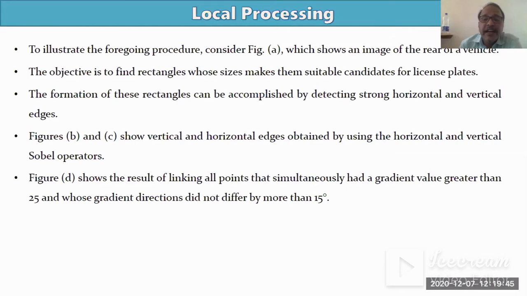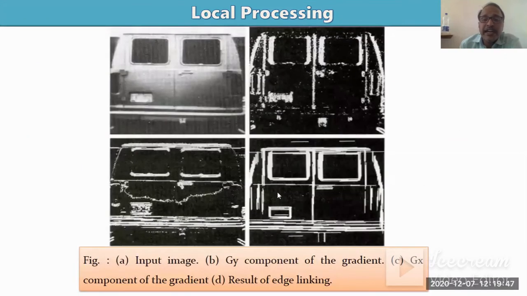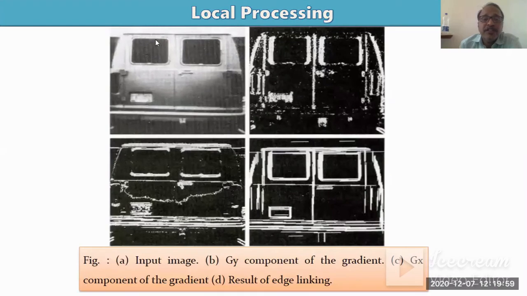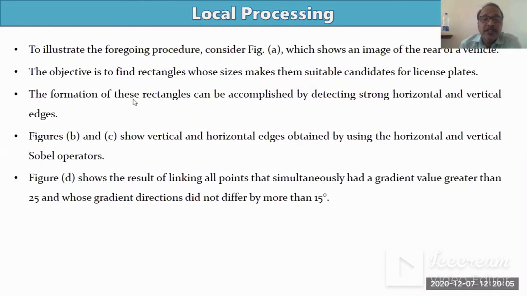For example, we can identify the rectangles which appear in this image. The formation of these rectangles can be accomplished by detecting strong vertical and strong horizontal edges.